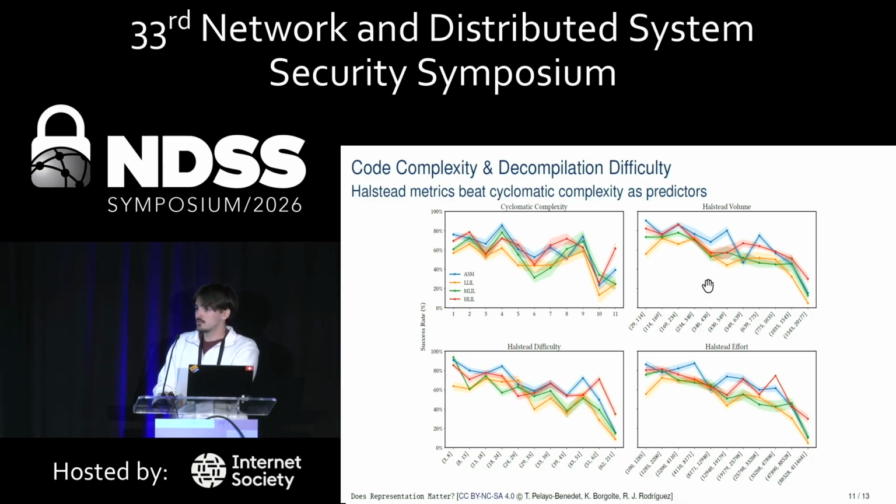Other question? I may have one. You showed that different representations are good for different things. Did you try some kind of hybrid approach, giving the ASM and the high-level representation at the same time, so that the LLM can have all the information? Sorry, could you repeat? Did you try to feed the LLM both low-level and high-level information?